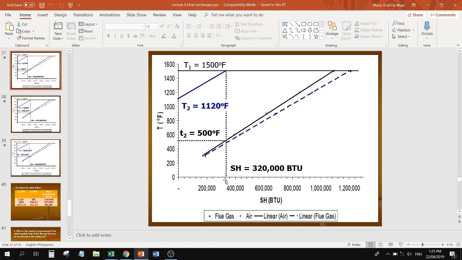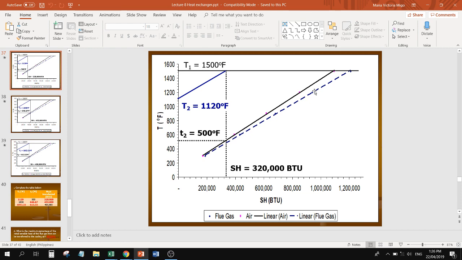Next, you make a line using one point, which is 1500 degrees Fahrenheit in the y value, and x equal to 320,000 BTU, but you use the slope of the hot flue gas.